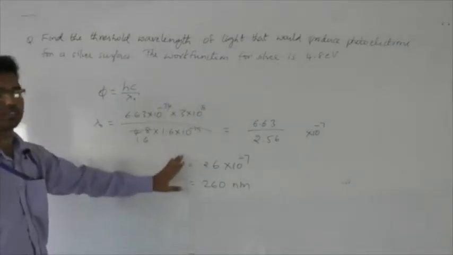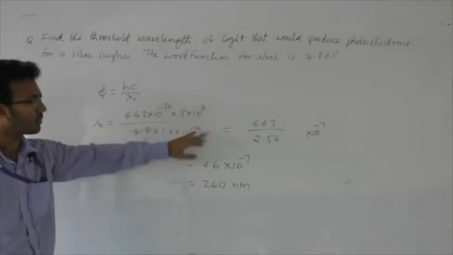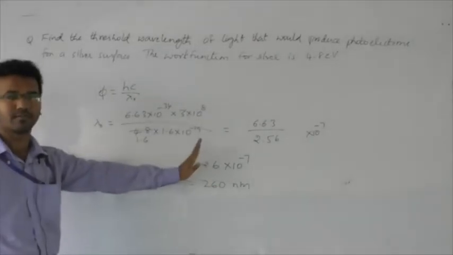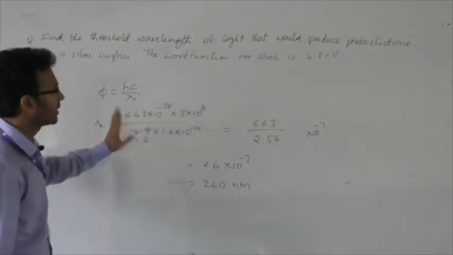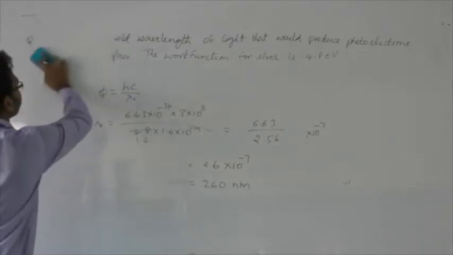We are doing some approximations, we are not worried about the exact value, since it takes a lot of time. 2.5 or 2.6, 260 nanometers. Whichever is close, you can mark that answer in the examination. So that's it, it's very simple. Next one.